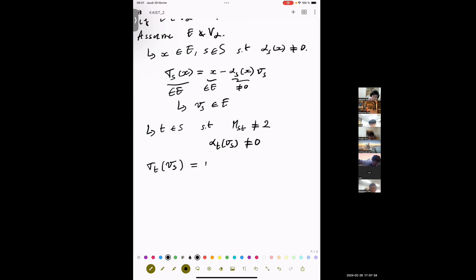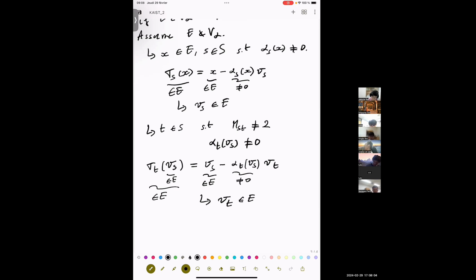By definition, this is v_s minus alpha_t(v_s) v_t. So this is in E. E is rho invariant, so this is in E, this is in E, this is not 0, so you get that v_t is in E.